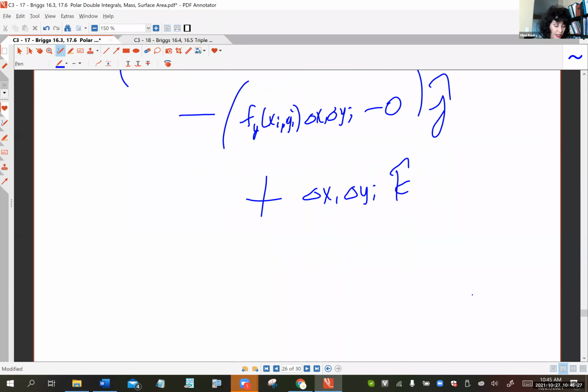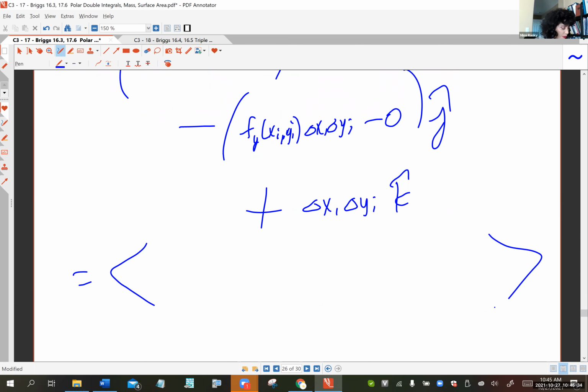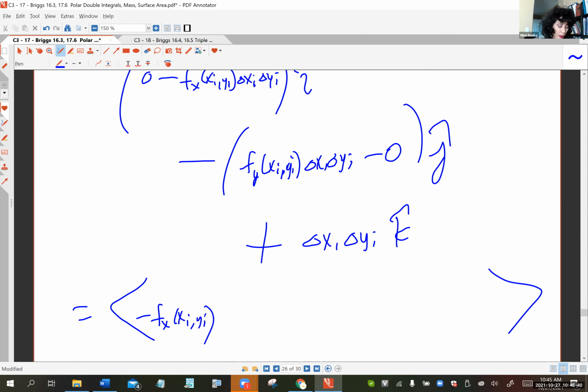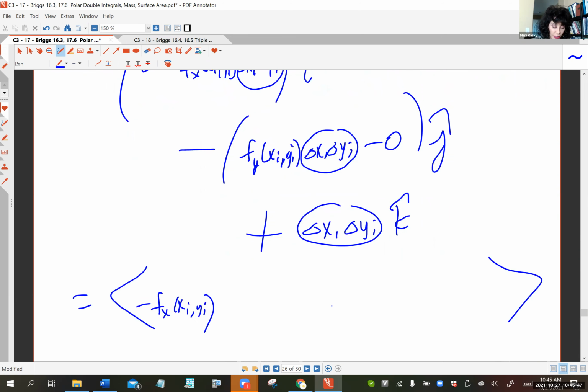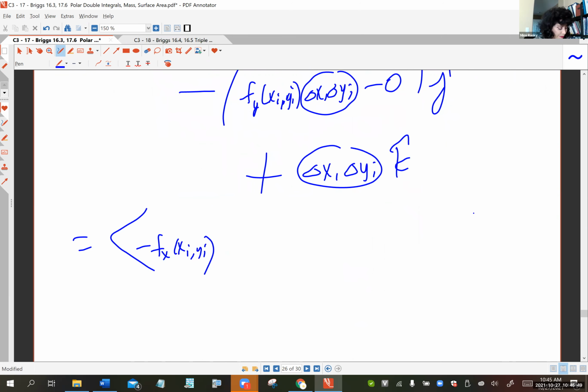Whoa, this is a mess. I'm going to try to rewrite this in component form, looks a little cleaner. What am I going to have? I'm going to have the minus fx, x sub i, y sub i. And what I want you to notice is that every single one of these components has a common factor of delta x sub i, delta y sub i. I'm going to factor it out because I can.